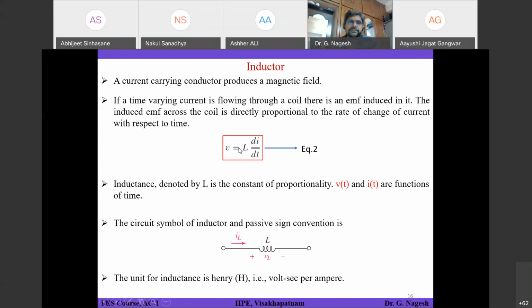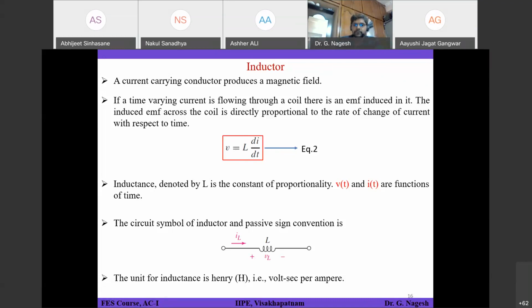This L denotes the inductance of the coil. So the voltage developed across the coil is directly proportional to the rate of change of current flowing through it, and both are linked by a proportionality constant denoted by L, which is called the inductance.